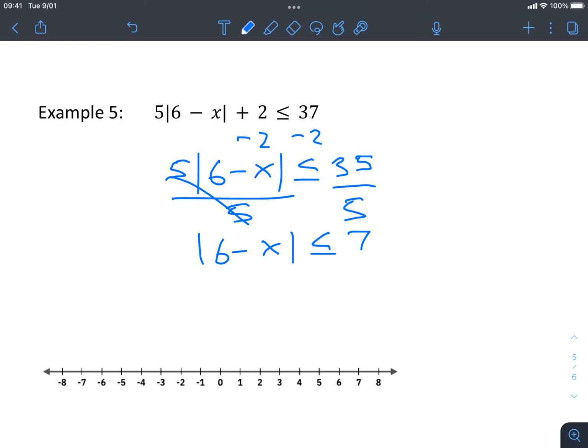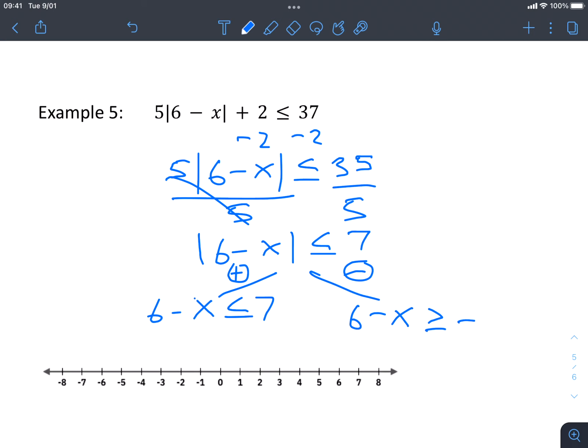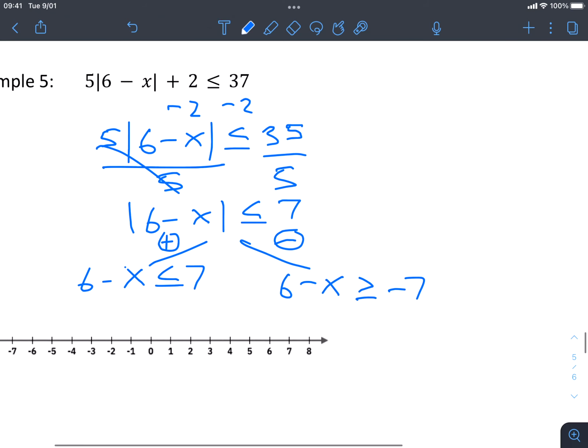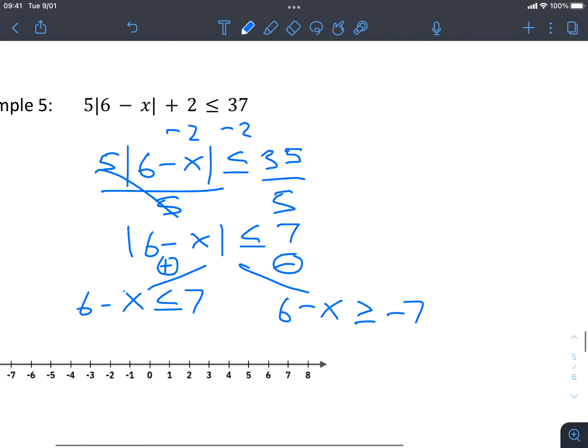Now, here is where I need to split it into 2 inequalities. I've isolated my absolute value, so I'm going to make a positive and a negative version and solve both. So I have 6 minus x is less than or equal to 7, and I have 6 minus x is greater than or equal to negative 7. I'm going to move those over here so I can solve them.